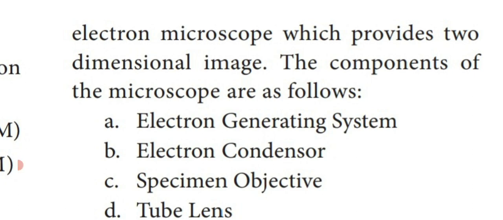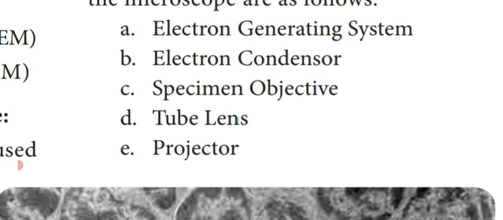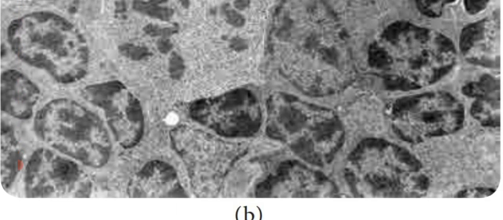The components of the transmission electron microscope are the electron generating system, electron condenser, specimen, objective, tube lens and the projector. This is the object which is placed under the transmission electron microscope, which shows the object in a large size magnification.